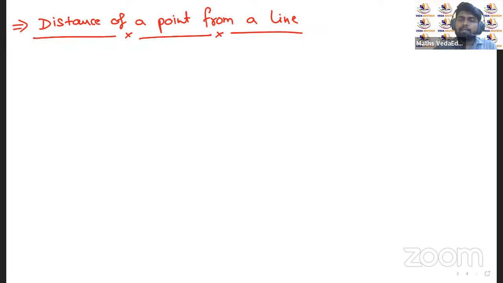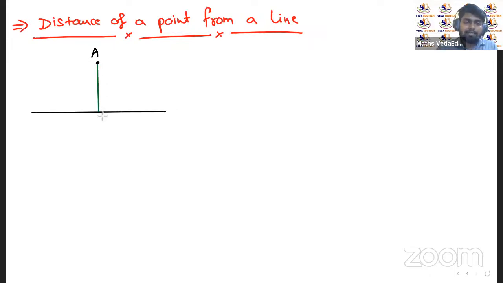Consider one of the points, like if we have a point like this, point A, and we have any line like this. So how to find the shortest distance or the perpendicular distance from this point to the given line?